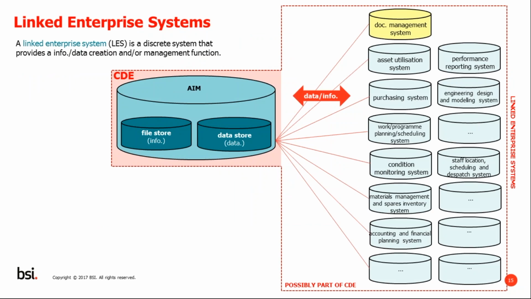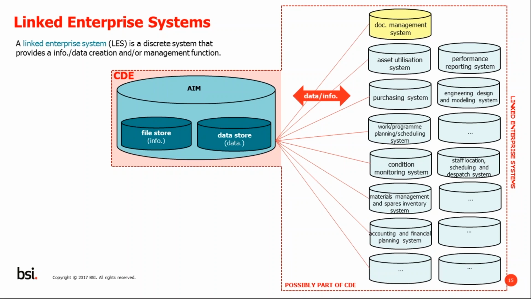Great. So I just want to talk about linked enterprise systems in relationship to CDE. The linked enterprise system is essentially a discrete system that provides an information or data creation or management function. Some examples here: perhaps a system that provides accounting and financial planning, or a system for condition monitoring. The idea here is that the CDE or the asset information model doesn't necessarily have to be stored within one place, within one software.